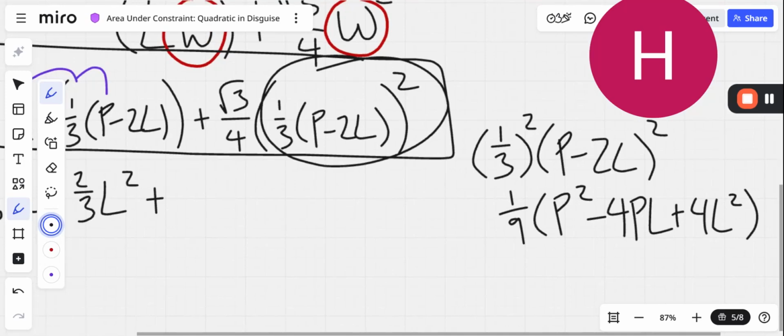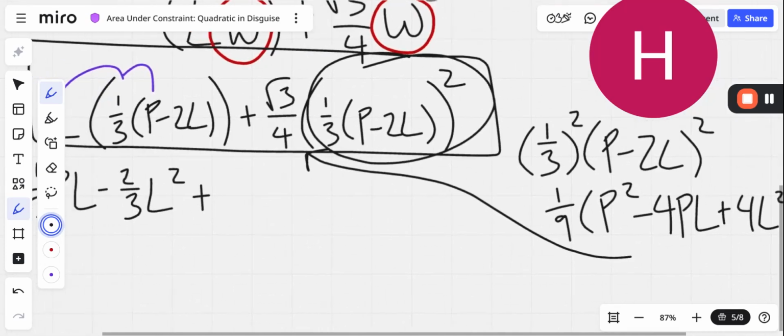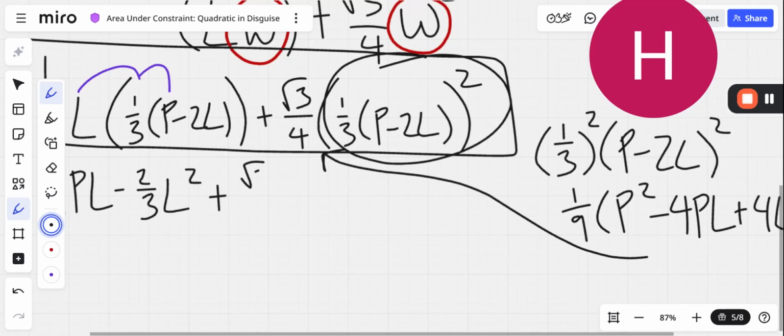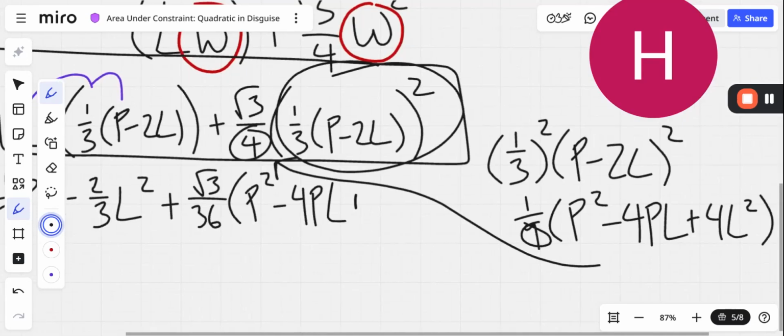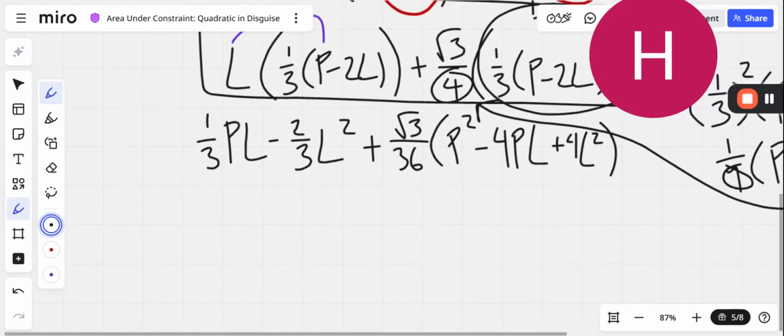And we're multiplying all of this times rad 3 over 4. So we're going to end up with rad 3 over 4 times 9. That's 36. And then we have P squared minus 4PL plus 4L squared. Got it. See how we have some common terms here? We have PLs, and we also have some L squared terms to combine there.